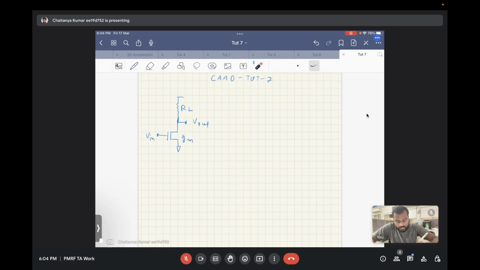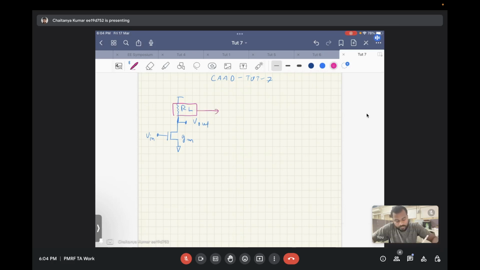Basically, there are two noise sources. Can someone tell what are the noise sources that are present in this amplifier? Yeah, there is thermal noise.